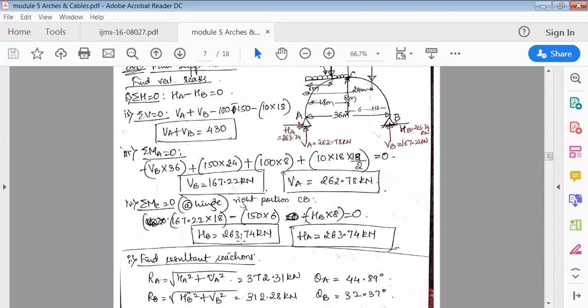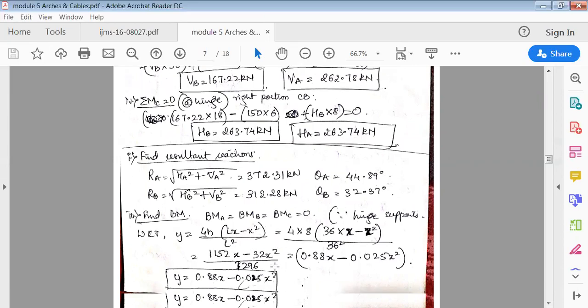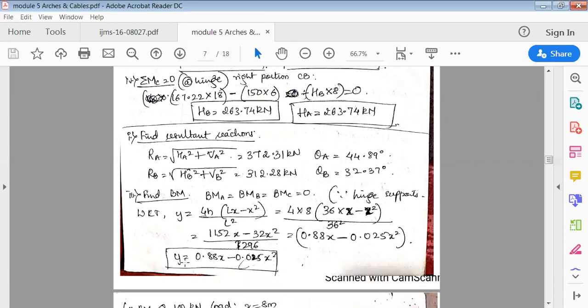L is the complete length, 36. Keep x as it is because it is the distance where we have to find the bending moment. Put x square divided by 36 square. Put it in the equation and write it like this. So y is equal to 0.88x minus 0.025 x square. So it is a form of x and x square. Keep it as it is.